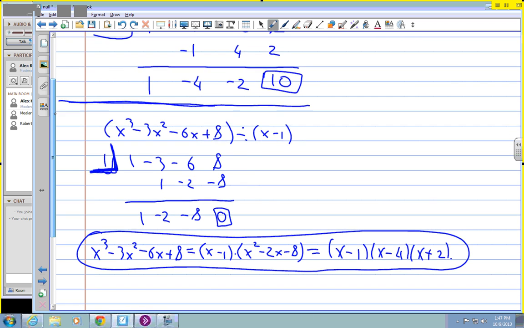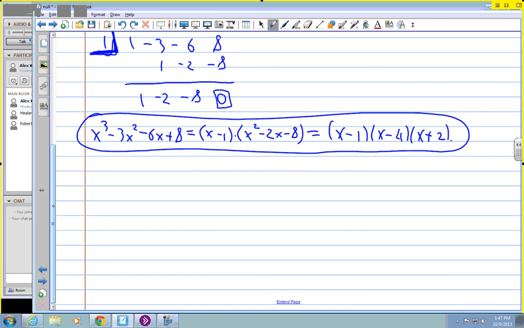Now, I also want to ask you this question. I'm going to take this function, x cubed minus 3x squared minus 6x plus 8, and I'll ask you, what is f of negative 1? Can you compute that? So how do we do that?